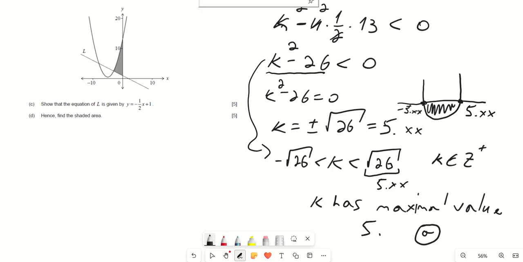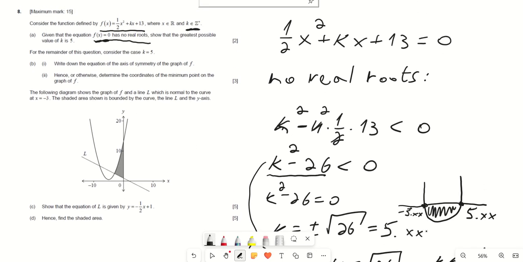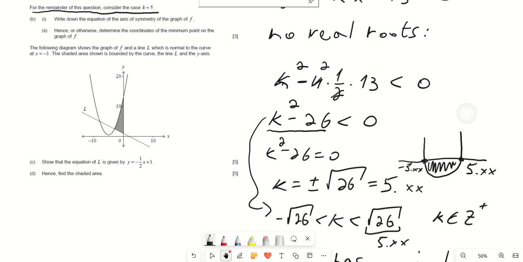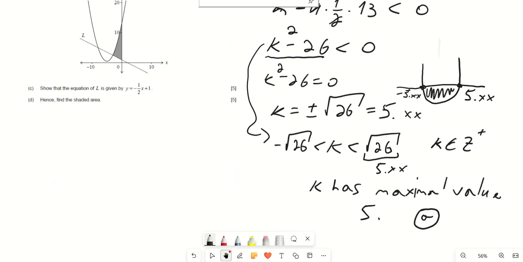Moving on to part B. So first, for part B and C, we consider k to be 5. Okay, and then we have to write down the equation for the axis of symmetry of f.